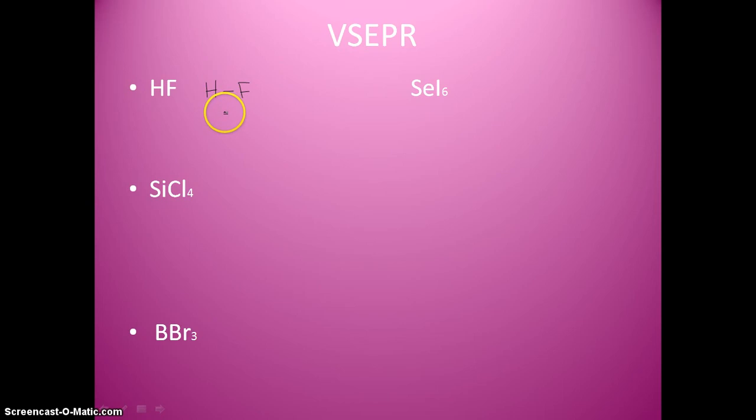With hydrogen, we know it can only be a single bond, because hydrogen's full shell is 2, since hydrogen wants to be helium. So hydrogen will never have a double bond or a triple bond. Hydrogen is always single bonded.